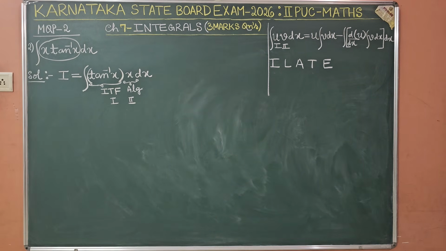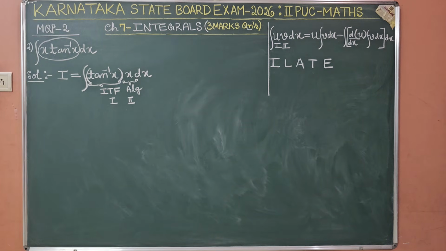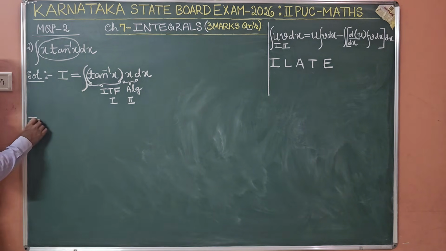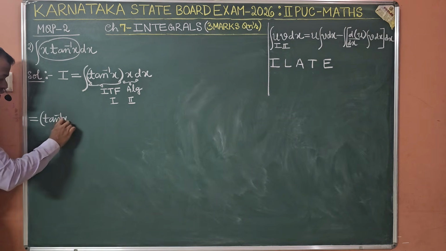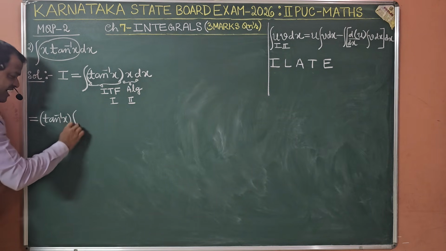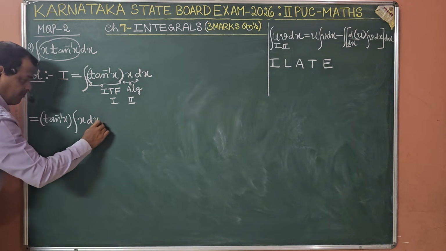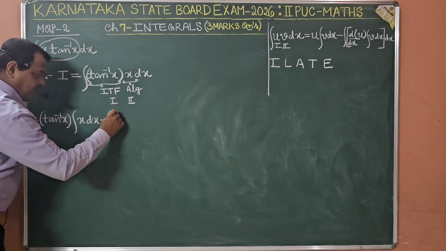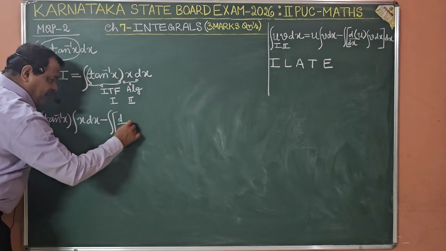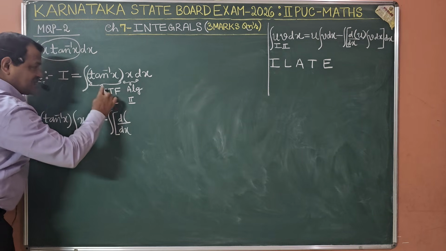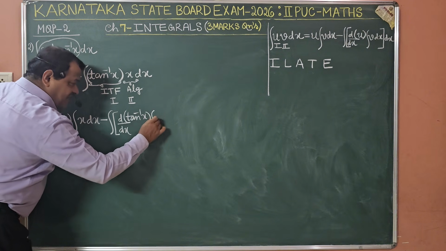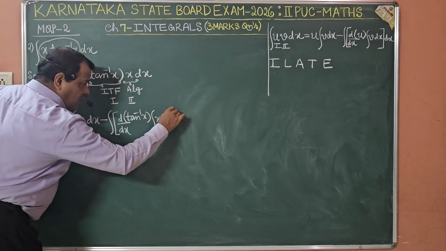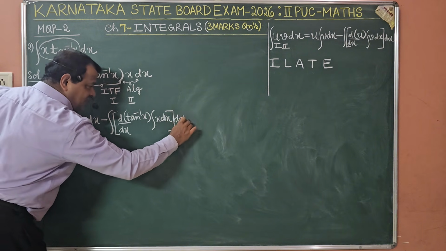Thus, I would like to apply the integration by parts rule. The rule says it is equal to first function tan inverse x into the integration of second x dx, minus, open integration symbol and open a bracket, d by dx of first function tan inverse x into the integration of second x dx, close full bracket, into dx.